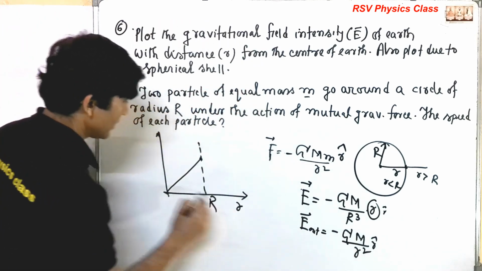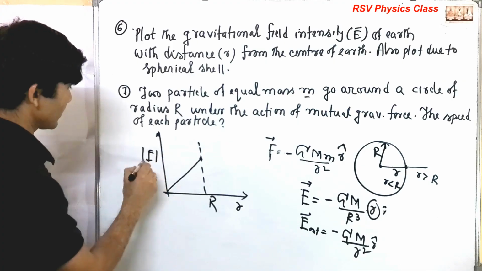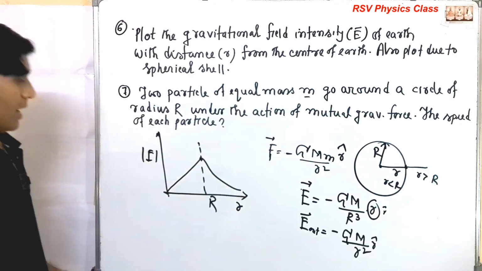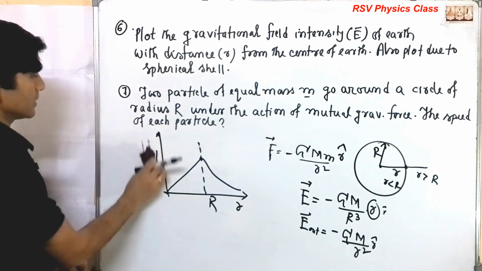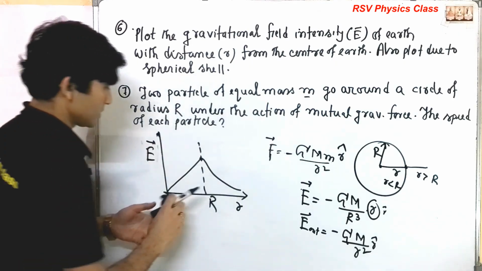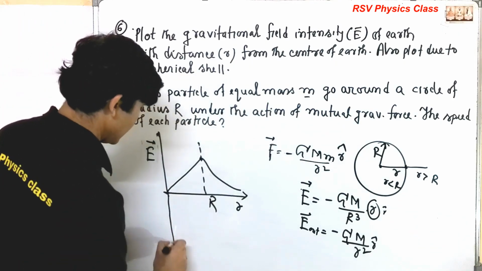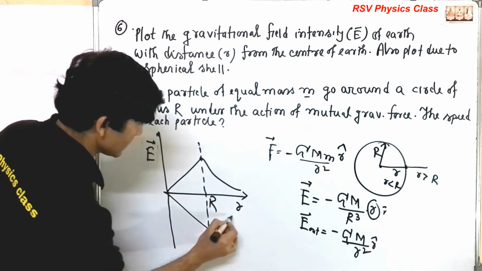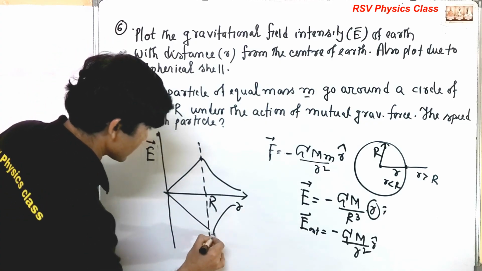This is r and it is the magnitude, and then it will come as 1 upon r square. And if you plot it in vector form, then the situation will be in negative sign.